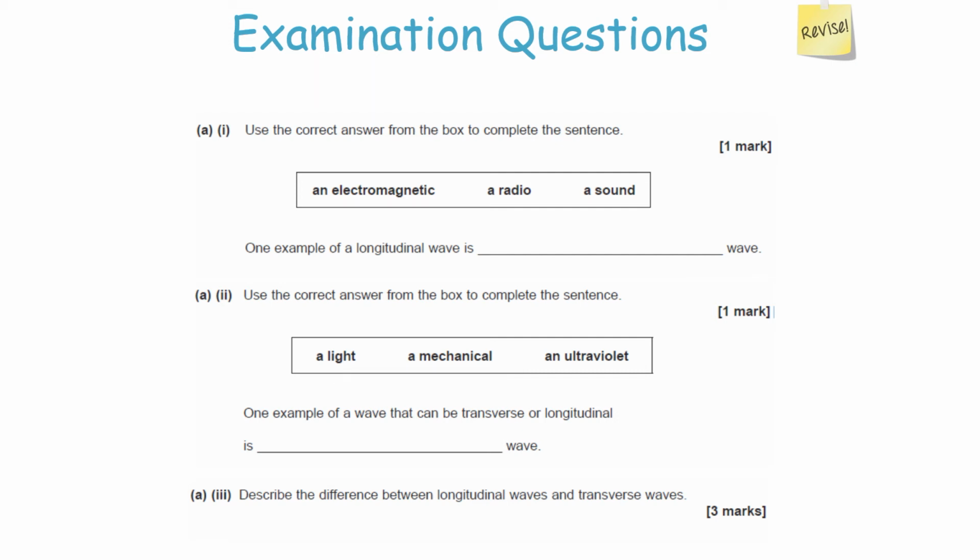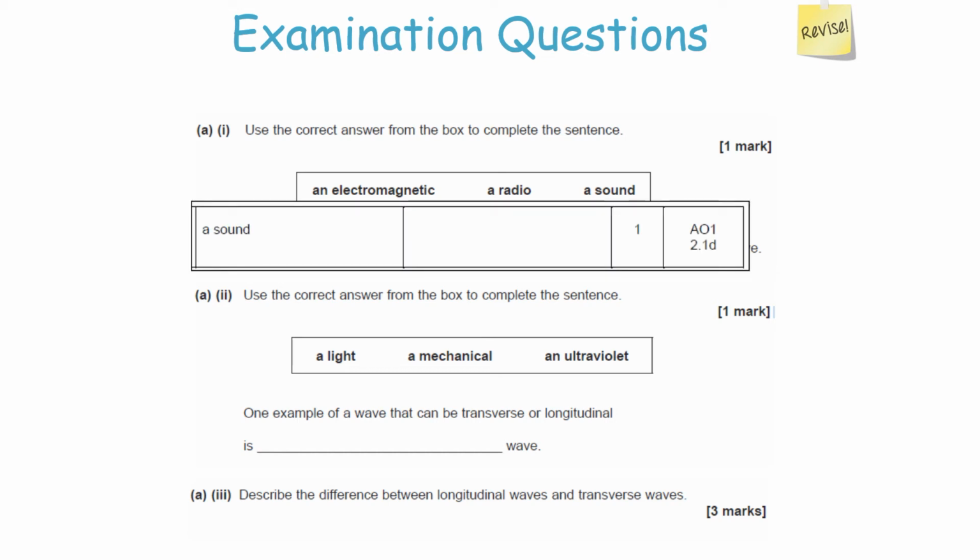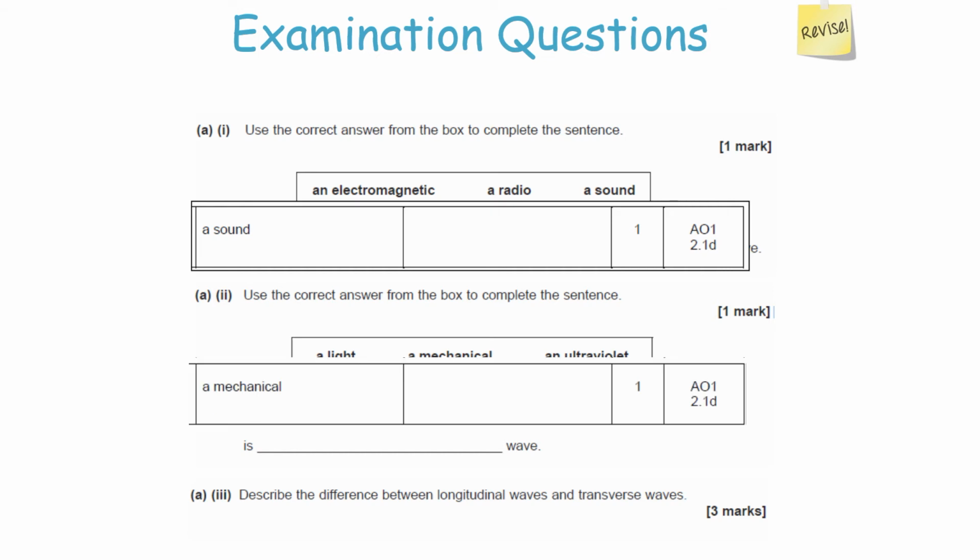Right, so you've got to know what waves are longitudinal and what are transverse. Now, the quickest way I can say this is that the only real major wave which is a longitudinal wave is a sound wave, which is a fact you've just got to learn. Now, one example of a wave that can be transverse or longitudinal, well, light is an electromagnetic wave, ultraviolet is an electromagnetic wave, and electromagnetic waves are always transverse, so that only leaves us with the option of mechanical waves.